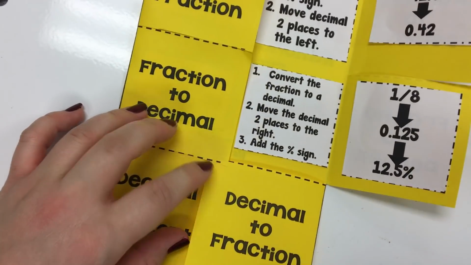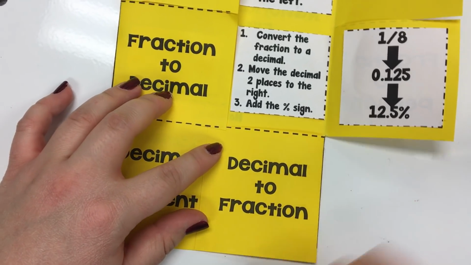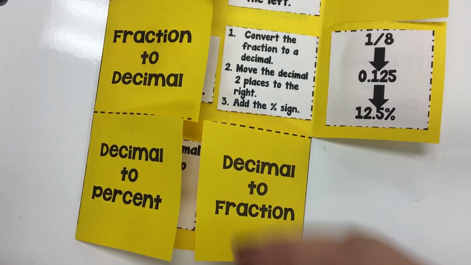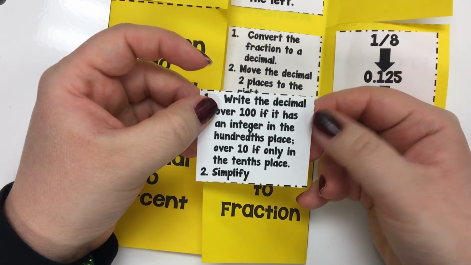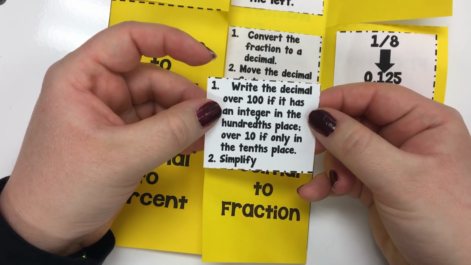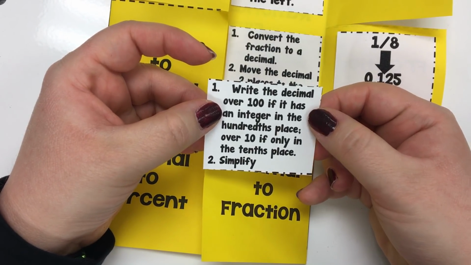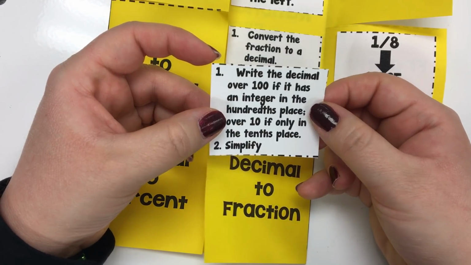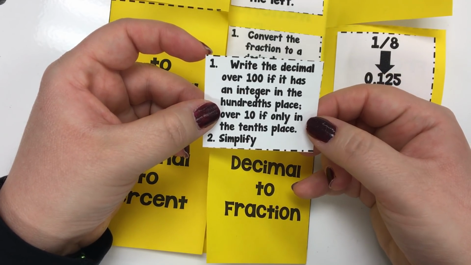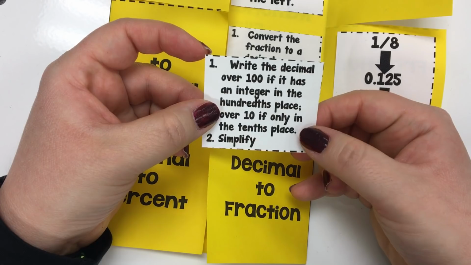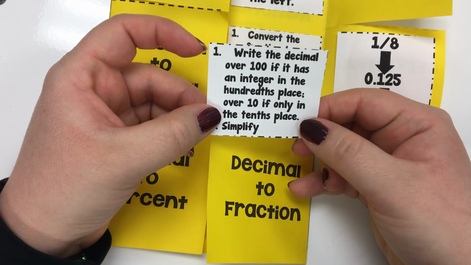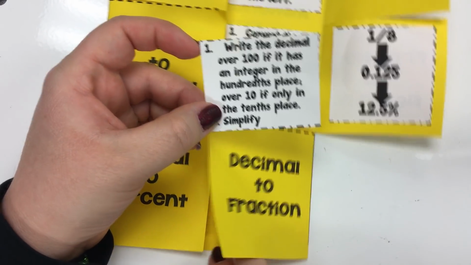And then this last one, we're looking to go from a decimal to a fraction. So this is going to be our last set of directions. We're going to write the decimal over 100. If it has an integer in the hundredths place, you'll go over 10 if it only has a digit in the tenths place, and then we're just going to simplify our fraction.